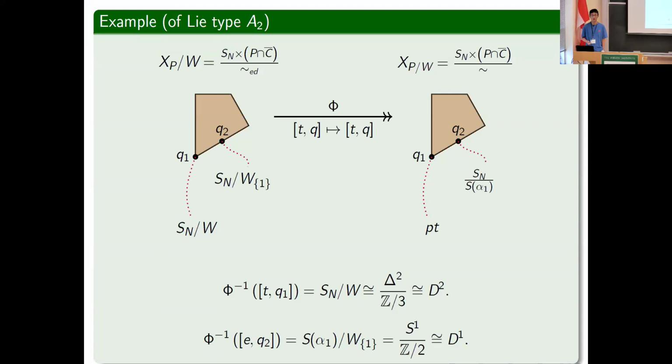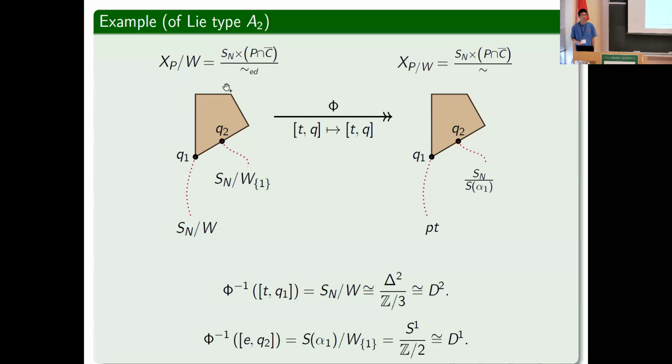Okay, let's see an example again, the example of Lie type A2. So in the first picture, we have already seen the equivalent description of the quotient. So the torus at Q1 should be Sn mod W, and at Q2, the torus should be Sn mod W1.